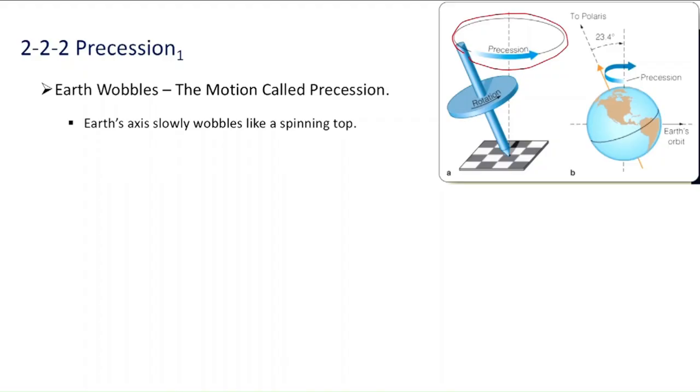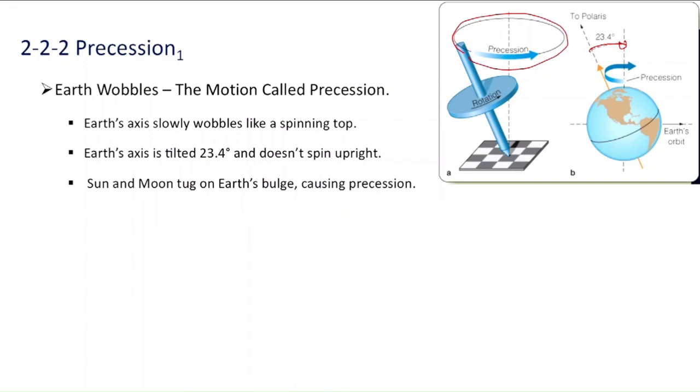So Earth is not just spinning straight up, it's tilted about 23.4 degrees off vertical. And that tilt is what gives us seasons, and it also affects how our sky looks over thousands of years.